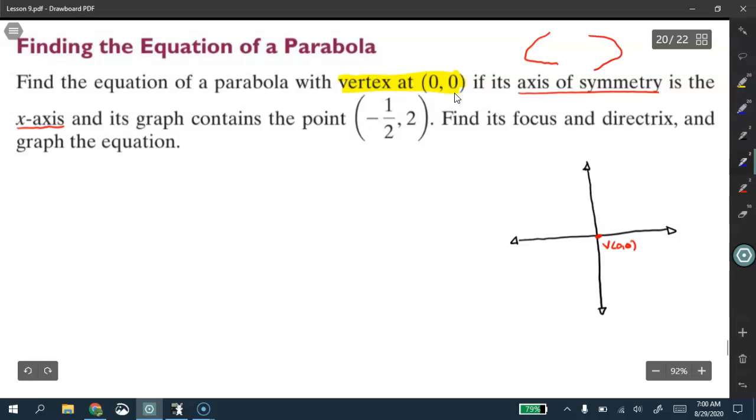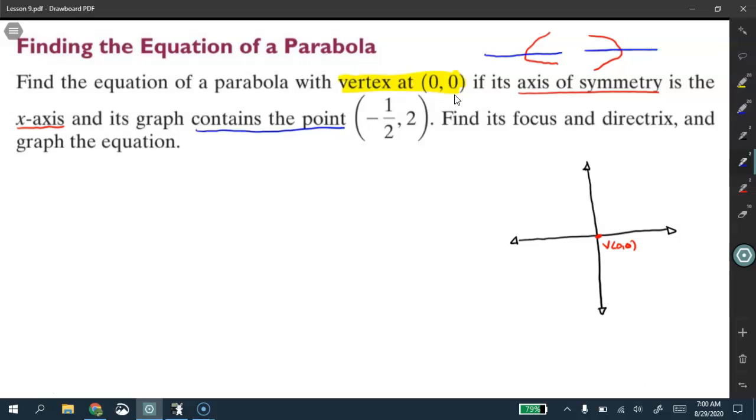If you don't understand how you make that connection, think about it: if it's being split so that it's exactly a half in both directions, then it must be facing sideways, right? But which side is the question, and we'll talk about that next. Now it says its graph contains negative half comma 2, right? So they're not telling you exactly a focus.